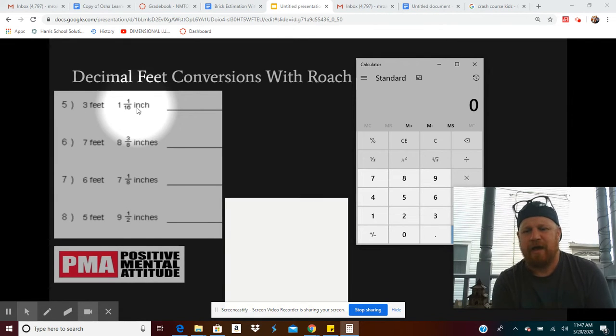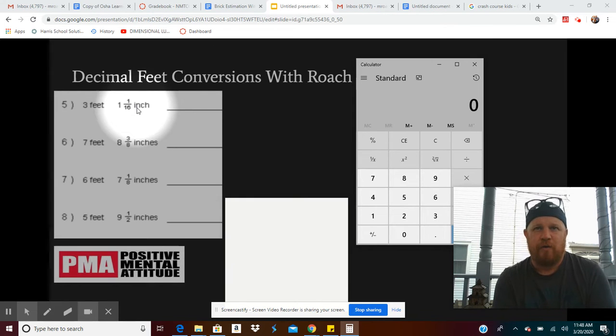We're going to practice for this lesson how to convert these measurements into what we call decimal feet. A standard calculator, and when we count money or whatever, we're always dealing in increments of 10. So, 1, 2, 3, 4, 5, 6, 7, 8, 9, 10, and then it starts again, 11, 12, 13, 14, 15.